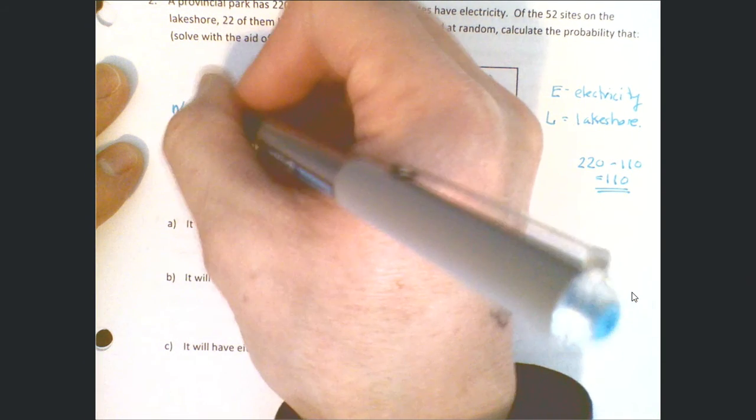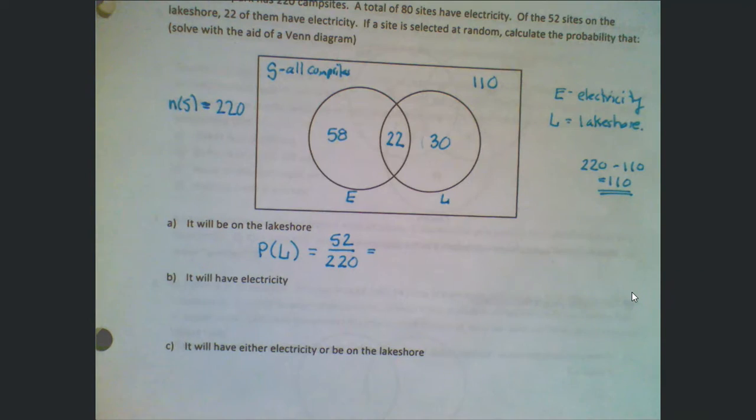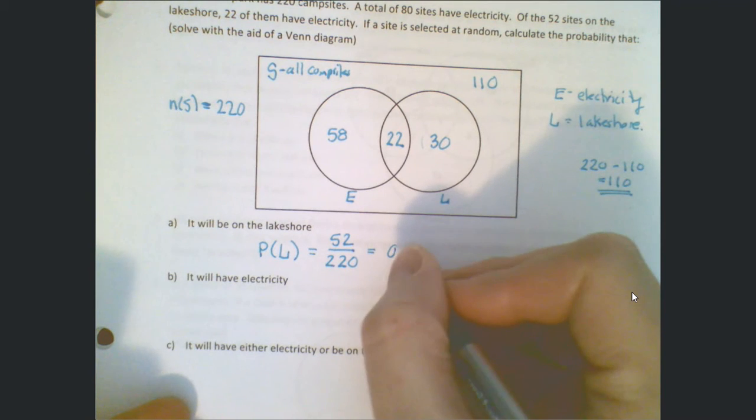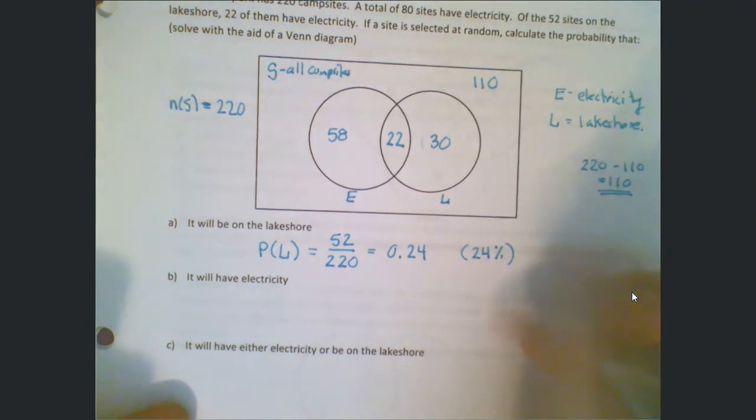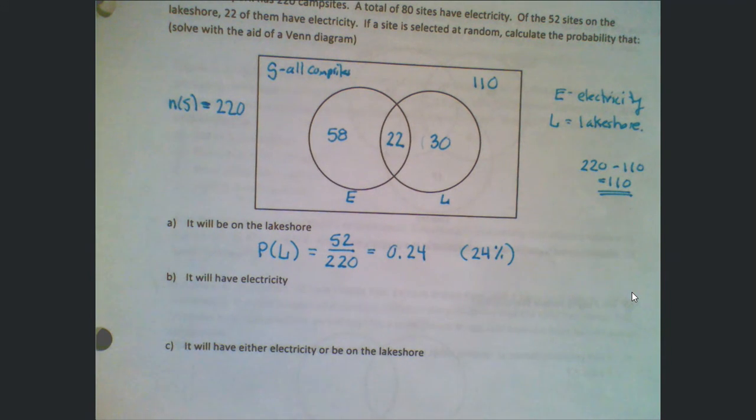So the total number in the universal set of campsites is 220. Okay, so in this case we just go 52 divided by 220 is 0.24. You have about a 24% chance of grabbing a site on the lakeshore.